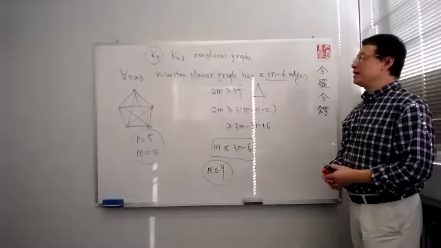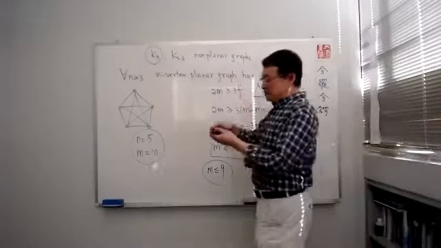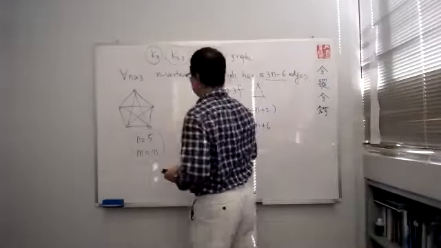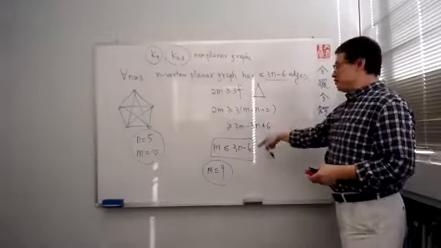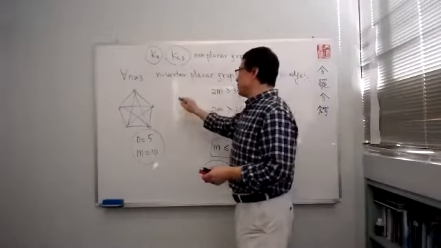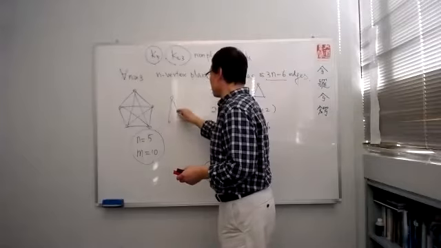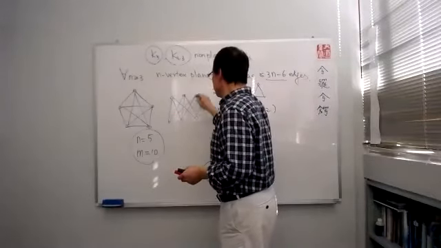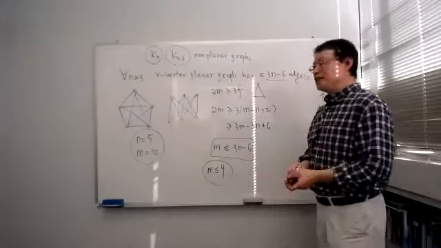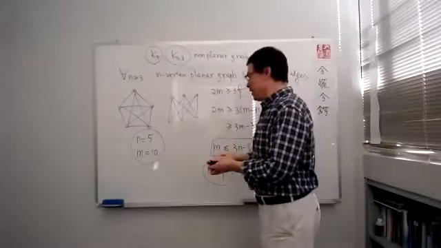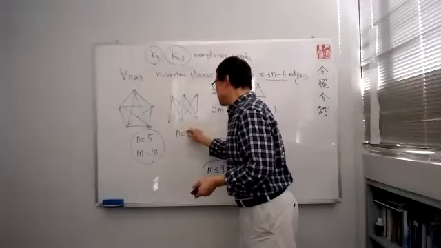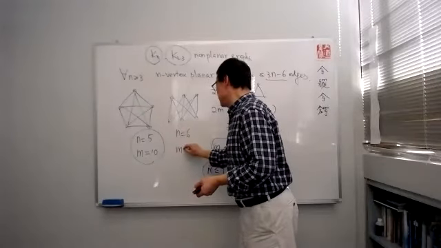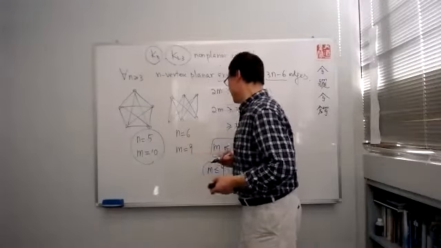All right? Okay? Now, how about this one, K33? Can we use the same formula to show that K33 is not planar? Unfortunately, no. For K33, the number of vertices equals 6, the number of edges equals 9.